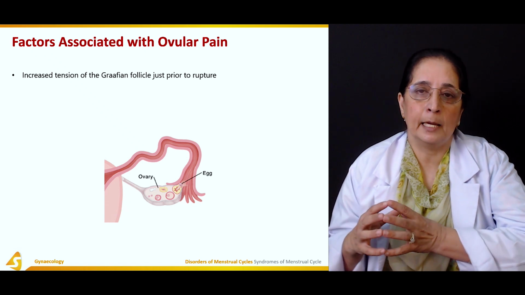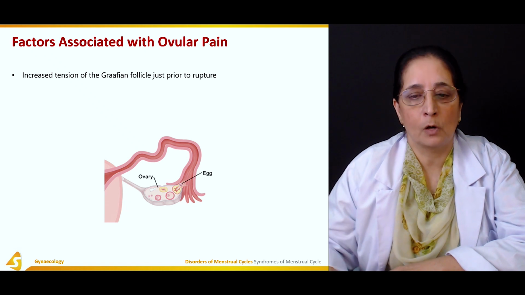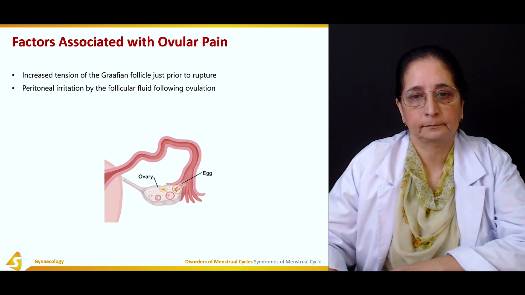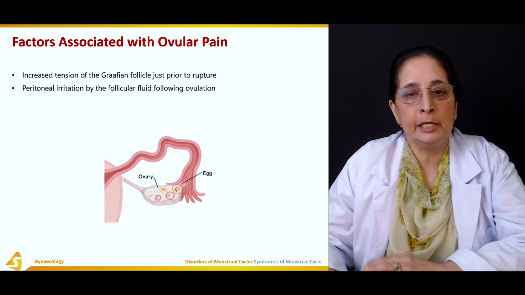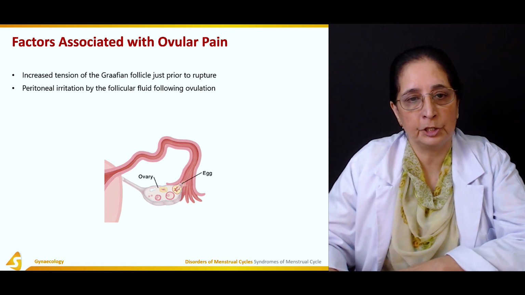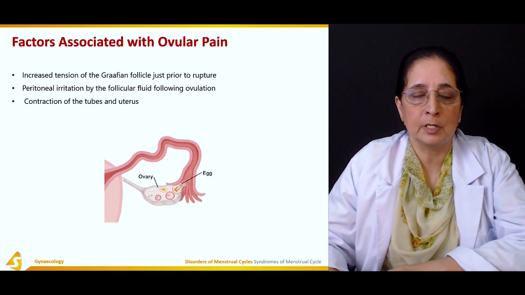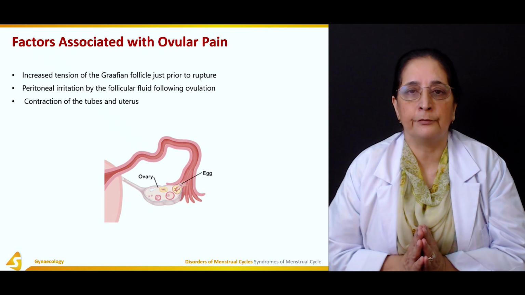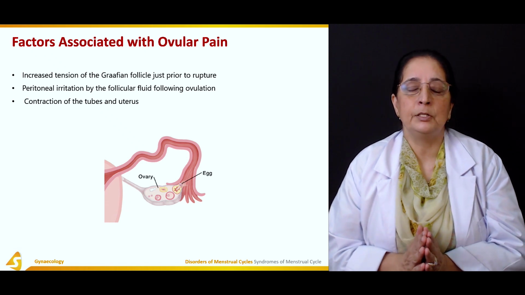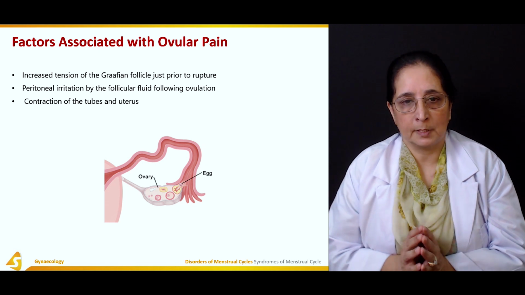So at this time, the tension in the Graafian follicle is high, which can cause pain. Peritoneal irritation by follicular fluid following ovulation, and contraction of the tubes and uterus. All these are very important factors that lead to pain in Mittelschmerz syndrome.